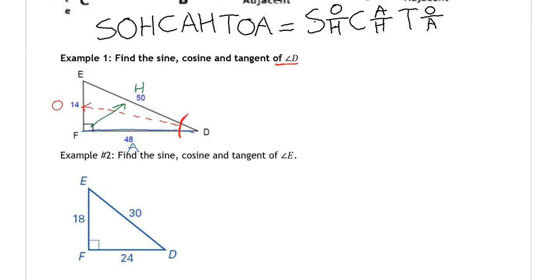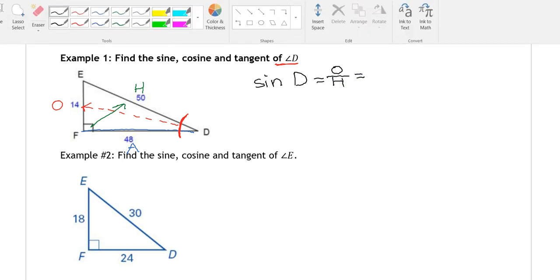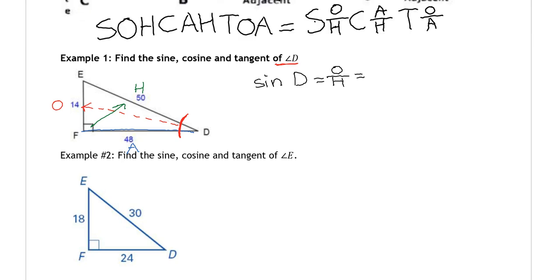So I'm finding my three trig ratios. I'm finding the sine of angle D. Just like up here, sine is O over H, opposite over hypotenuse. My opposite side is 14.